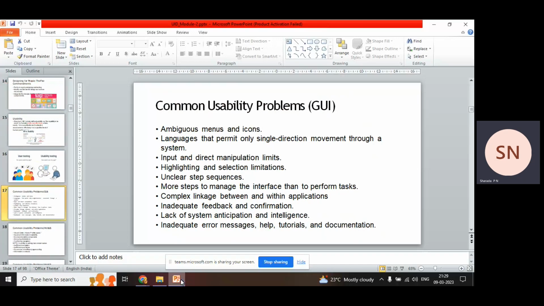They are: ambiguous menus and icons, languages that permit only a single direction movement through a system, input and direct manipulation limits, highlighting and selection limitations, unclear step sequences, more steps to manage the interface than to perform the task, complex linkage between and within applications, inadequate feedback and confirmations, lack of system anticipation and intelligence, inadequate error messages, help, tutorials, and documentation.